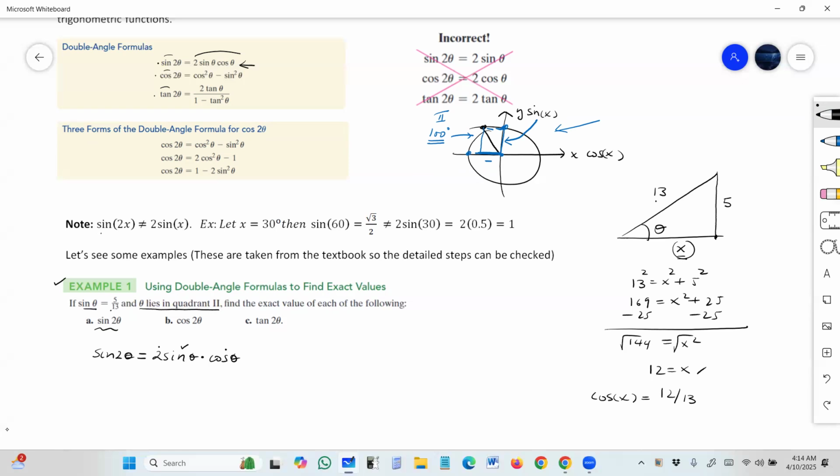hypotenuse, 13. Now, here is where you have to be careful. This is the numerical value of cosine, but cosine is in the second quadrant. So go back to our picture here, or go back to the calculator, pick an angle in the second quadrant, and determine if it's positive or negative.